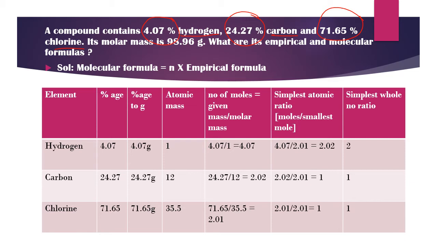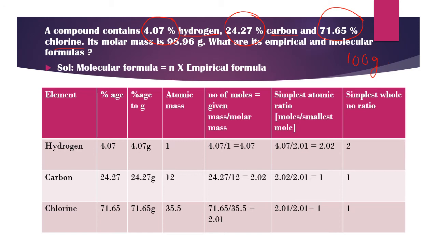Now it is easier to assume that we have 100 grams of the compound. With that, we can easily convert 4.07 to 4.07 grams. Similarly, carbon 24.27 percentage becomes 24.27 grams and chlorine becomes 71.65 grams.